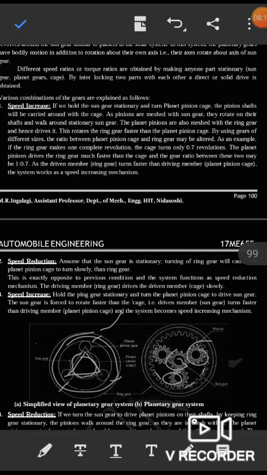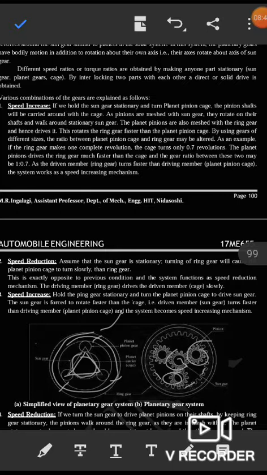This rotates the ring gear faster than the planet pinion cage. By using gears of different sizes, the ratio between the planet pinion cage and ring gear may be altered. As an example, if the ring gear makes one complete revolution, the cage turns only 0.7 revolutions.